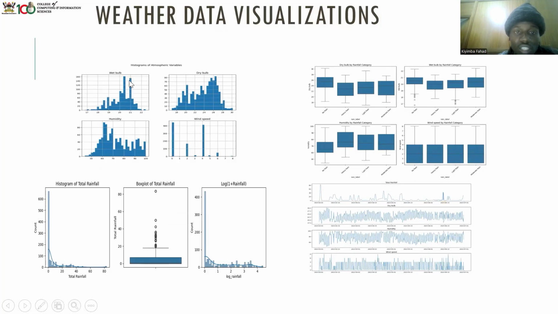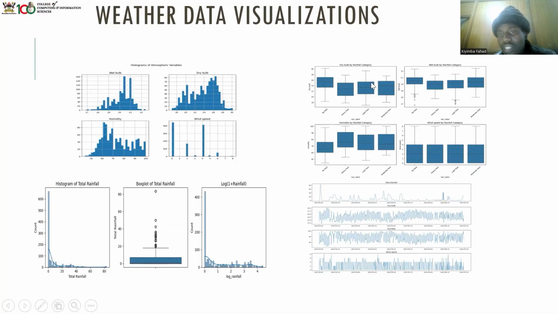The same applies here: dry bulb values of 26 and around 27 were recorded many times. The same applies to humidity. They follow a certain tune. When you see the wind speed, the same.